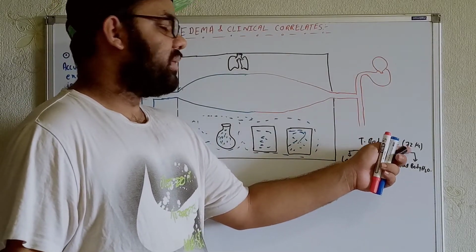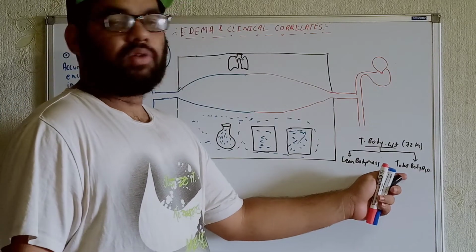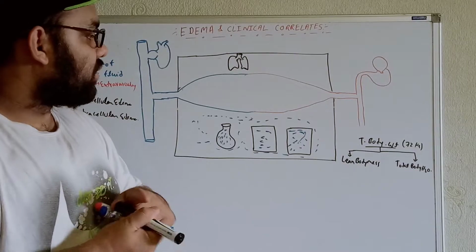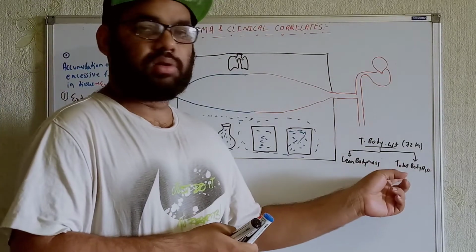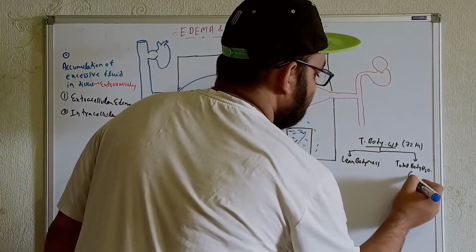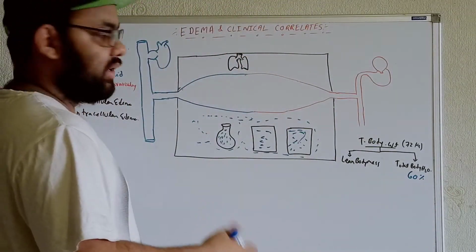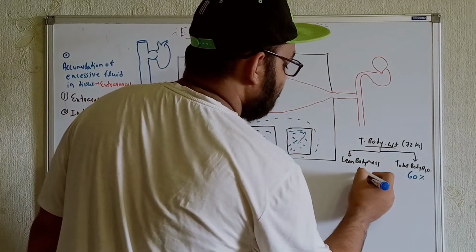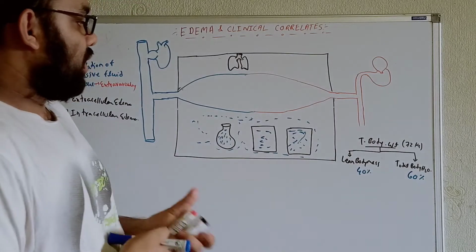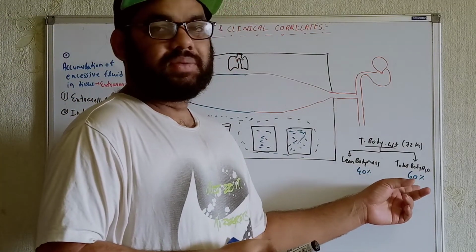If we just say about 72 kg, 60% will be the total body water. Okay, 60% of the total body weight, that will be the total body water. The rest 40% will be the lean body mass over here in terms of the masses. So if we say the total body water, we get around 60% over here.